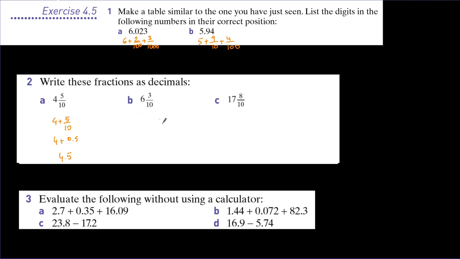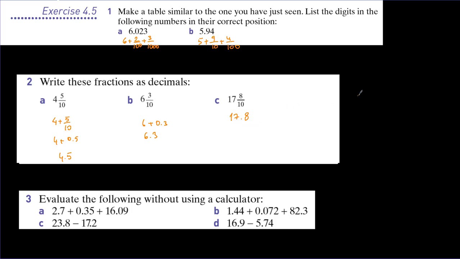You can apply this to the others also. This is 6 plus 3 over 10, which is equal to 0.3, and 6.3 it has to be. And this is 17.8, with respect to the previous questions.